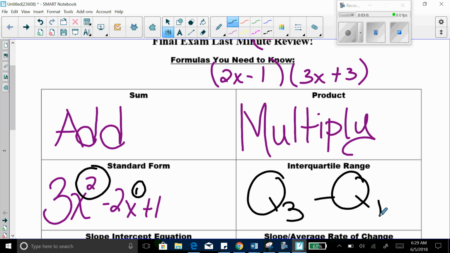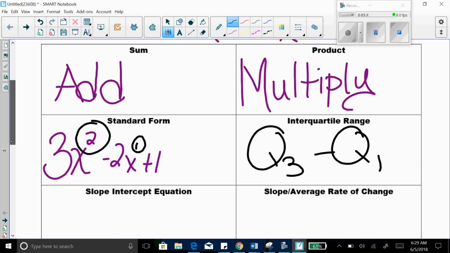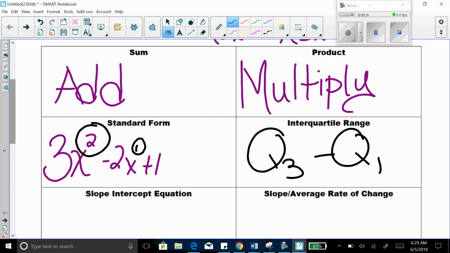We find the quartiles, Q3 and Q1, using our calculator. Remember, we put all of our data into a list and spreadsheet, and then we do menu, statistics, and so on. So again, sum means to add, product means to multiply. Standard form simply means writing a polynomial from the biggest exponent down to the smallest exponent. And your interquartile range means take your quartiles, Q3 minus Q1, and subtract them.